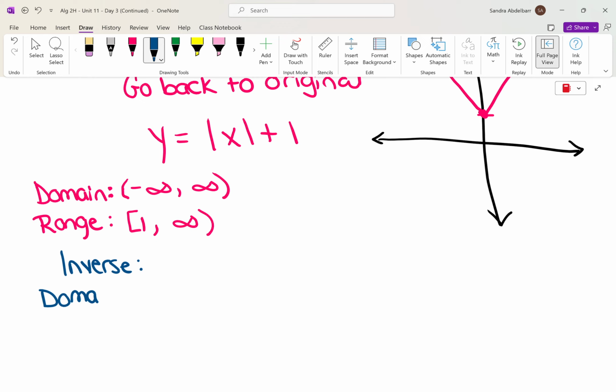So for the inverse, the domain is the range of the original. So we're going to say 1 to infinity. And the range is the domain of the original, which is going to be negative infinity to positive infinity.